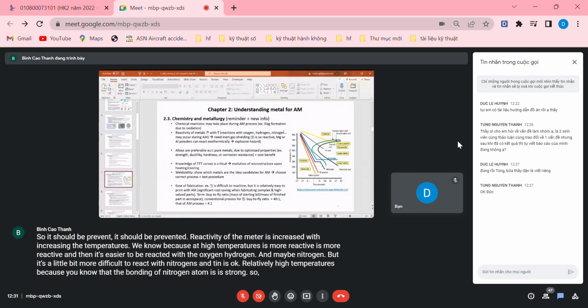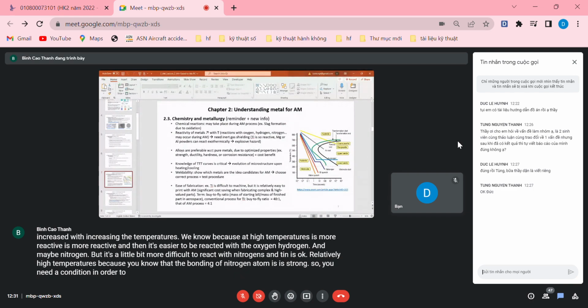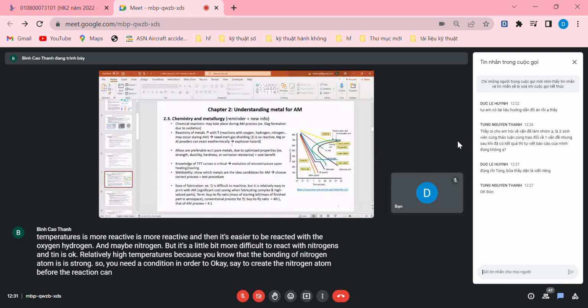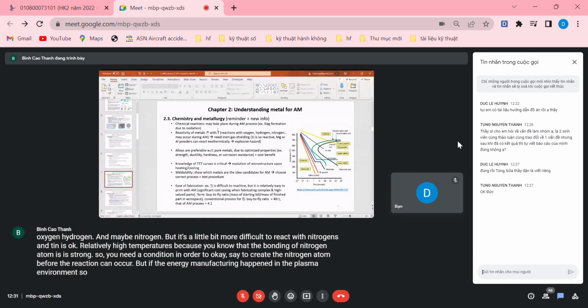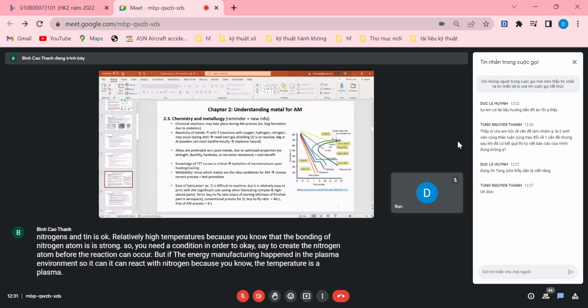So you need conditions, how can I say, to create nitrogen atoms before the reaction can occur. But if additive manufacturing happens in a plasma environment, it can react with nitrogen, because the temperature of the plasma is more than 4,000 degrees C.